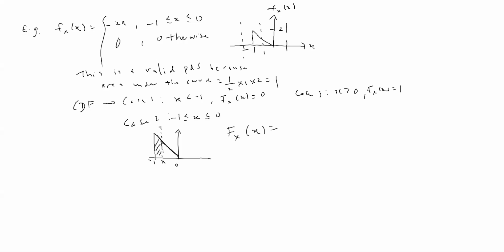Okay, so it's the total area of the triangle, which is 1, minus a small triangle, isn't it? So what should you do? You got 1 minus what? Minus half times what?